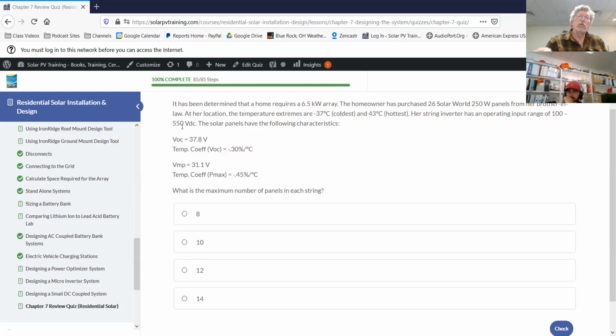But we know that the colder it gets, the more voltage the panel will produce. How much more voltage will it produce? It's telling me that it will produce 0.3% per degree Celsius. So let's walk through the math. How do I figure out on the coldest day ever what the voltage of that panel will be?